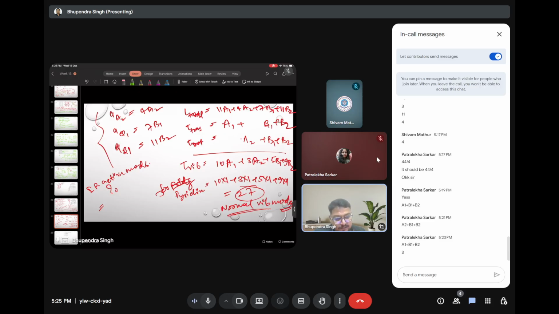So basically you are saying 3. So out of 27 normal vibration modes, you have only 3 IR active modes.